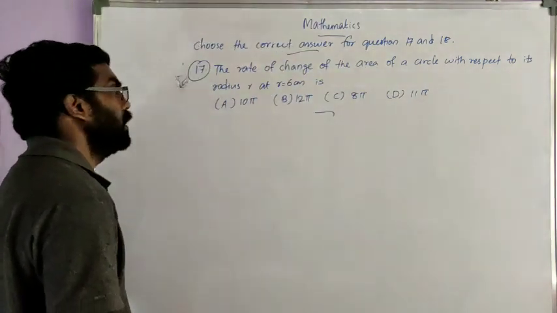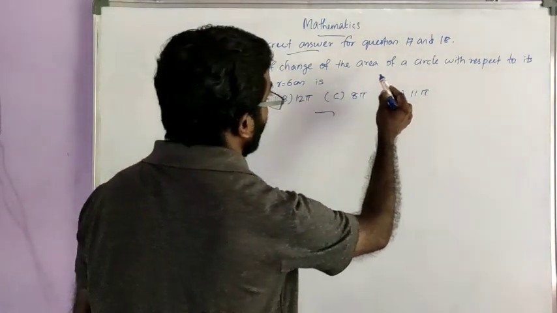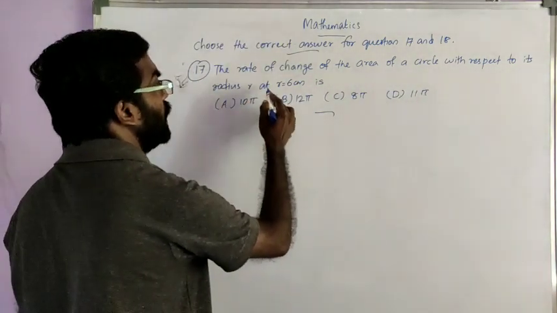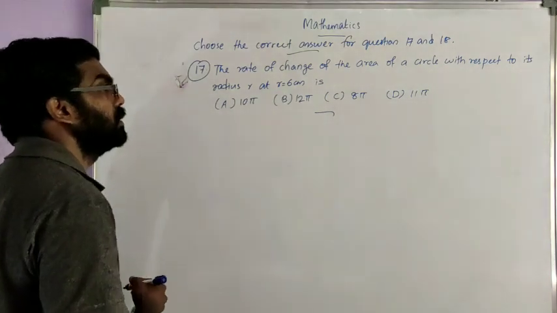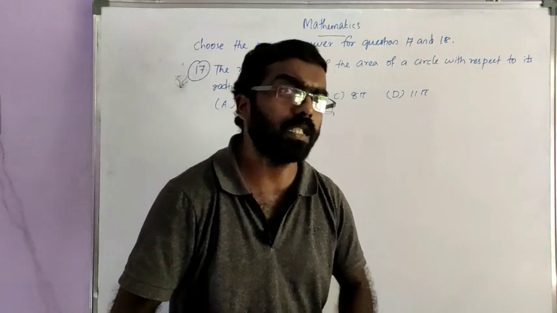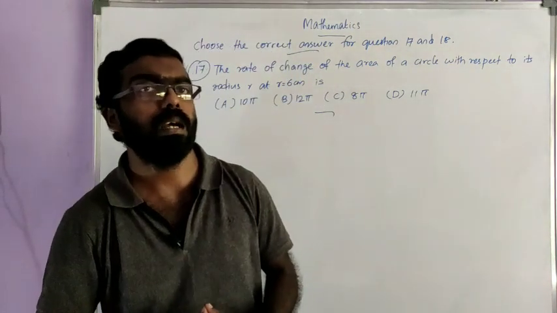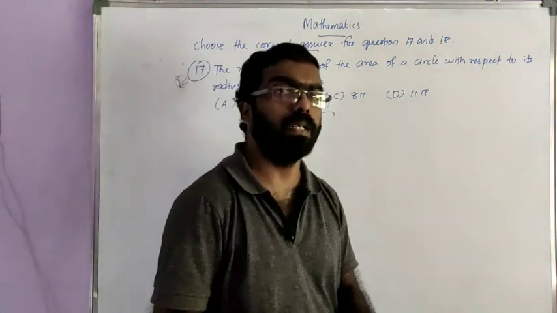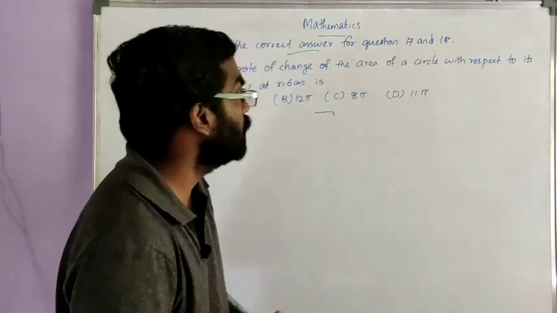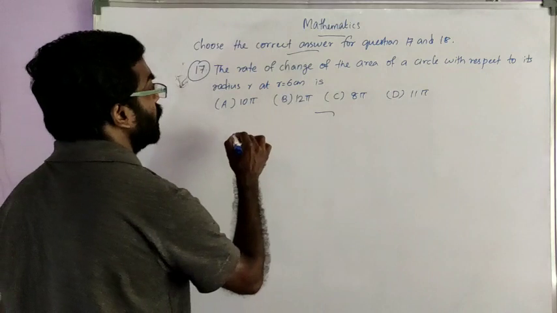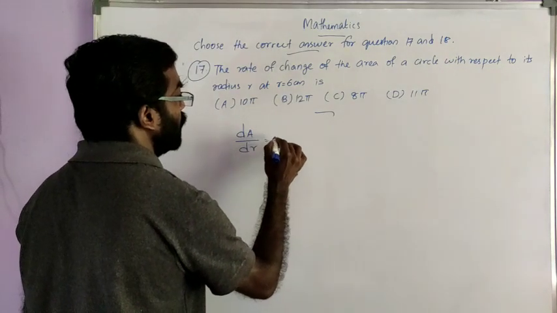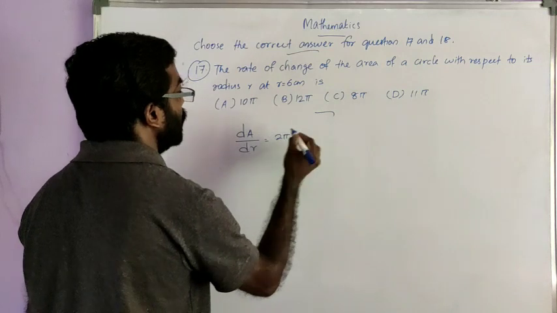It's an objective type question. The rate of change of the area of a circle with respect to its radius r at r equal to 6 cm is. We know the rate of change of area of a circle with respect to its radius is the perimeter or the circumference of the circle, that we already discussed in the first video, part 1 class. Okay. So here dA by dr will be equal to 2 pi r.